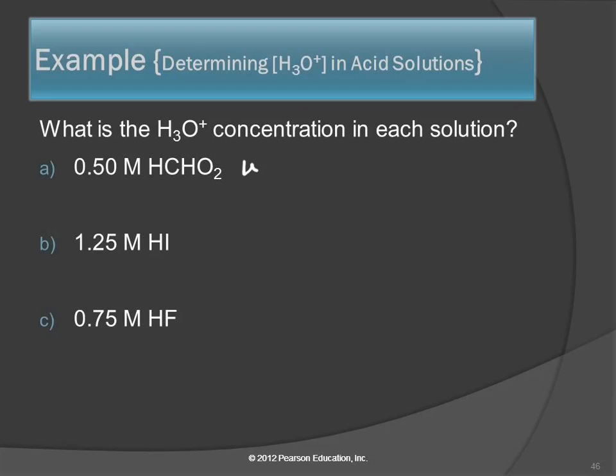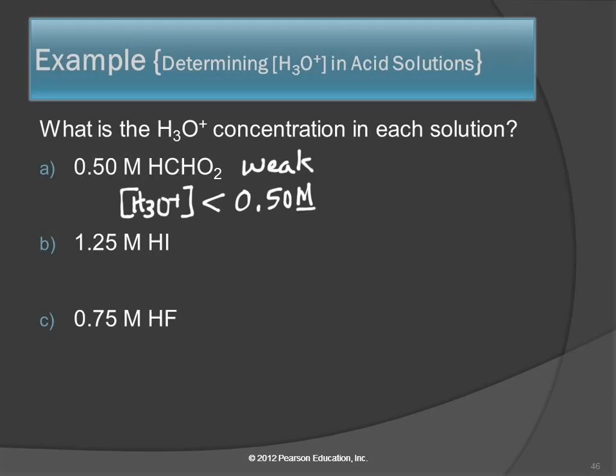It's not. It's a weak acid. So do we know, with the information given, how much it ionizes? We don't. So the best we can do is to say that the hydronium ion concentration is less than 0.50, because most of this stays as the molecule. So the ions are going to be less.